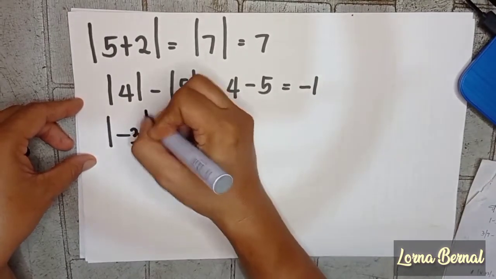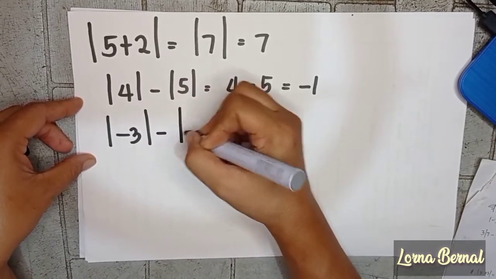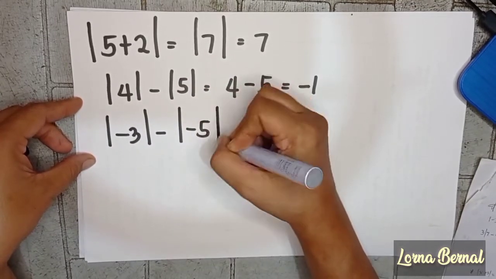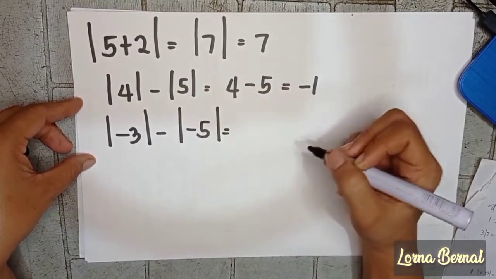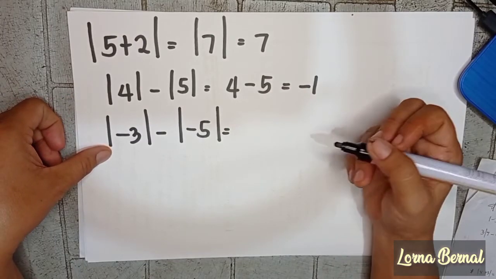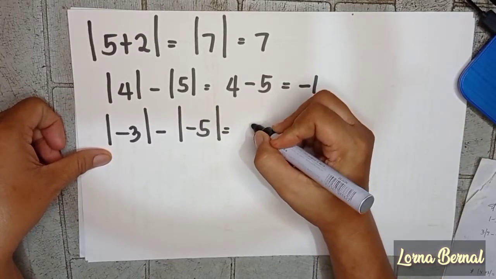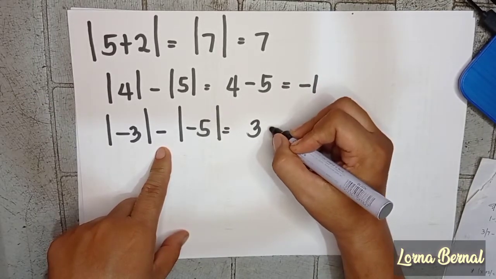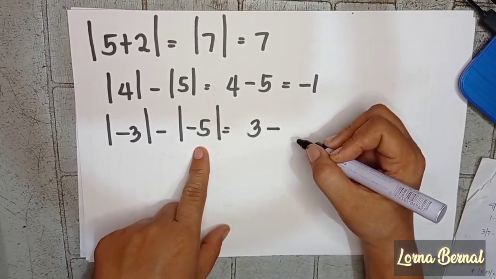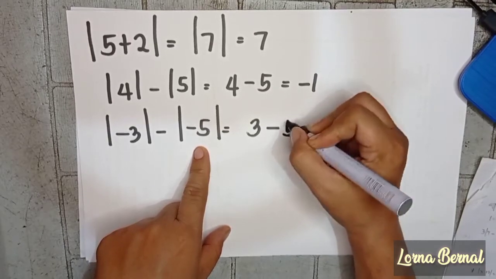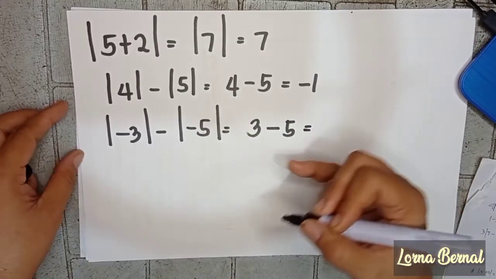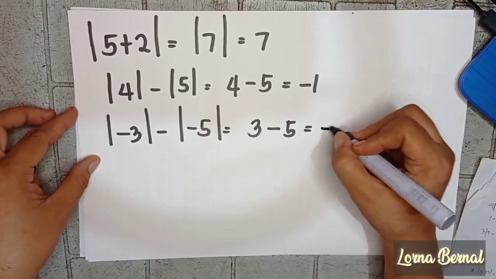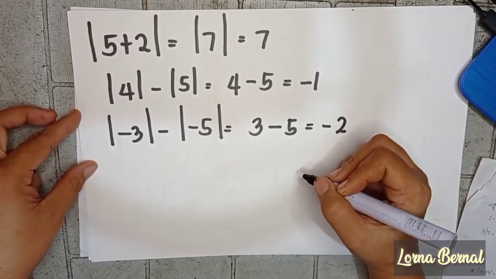The absolute value of negative 3 minus the absolute value of negative 5. Taking again the absolute value of negative 3, we have positive 3. Then we have minus. The absolute value of negative 5 is 5. Therefore, the answer 3 minus 5 is negative 2.